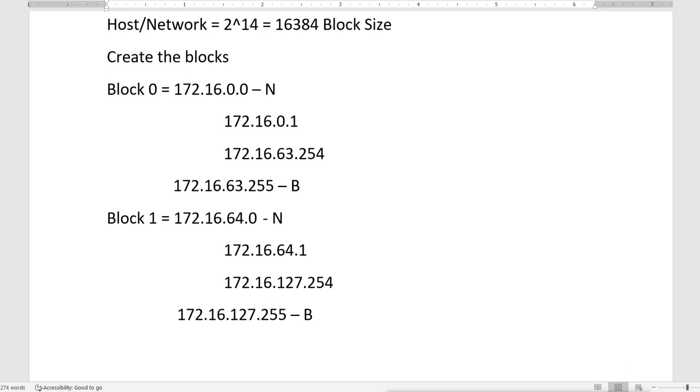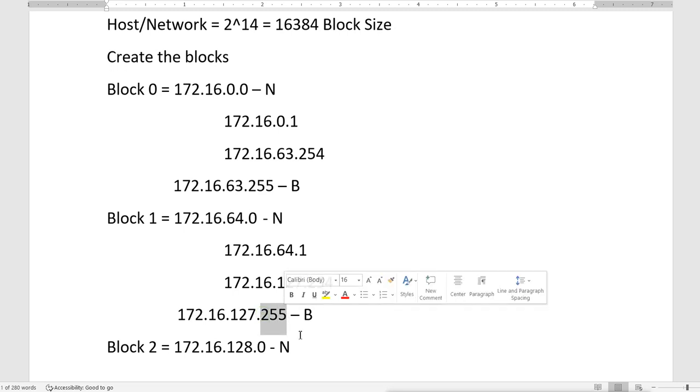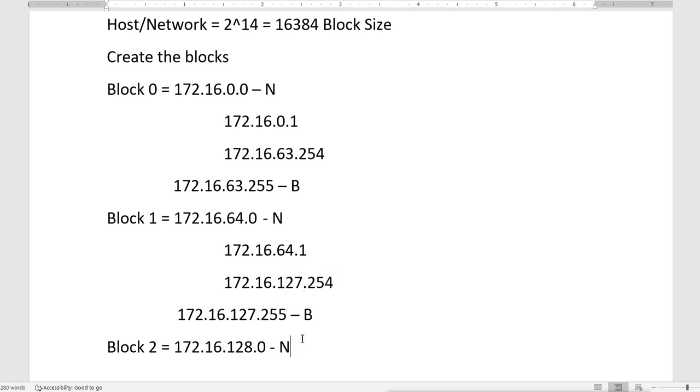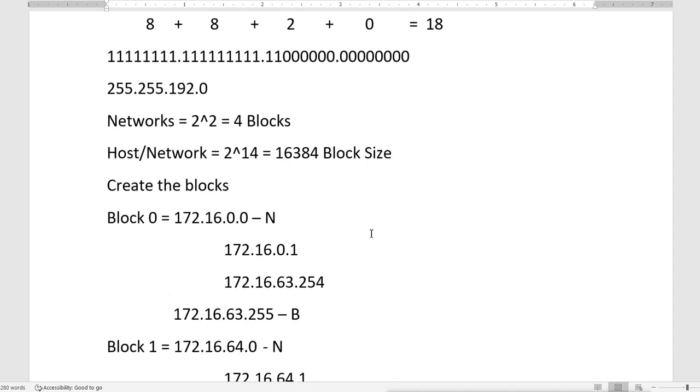And then block 2 starts, and it will start from 172.16.128.0, and it will become 128 only when this one becomes 255. And then it goes on till how many blocks we have?